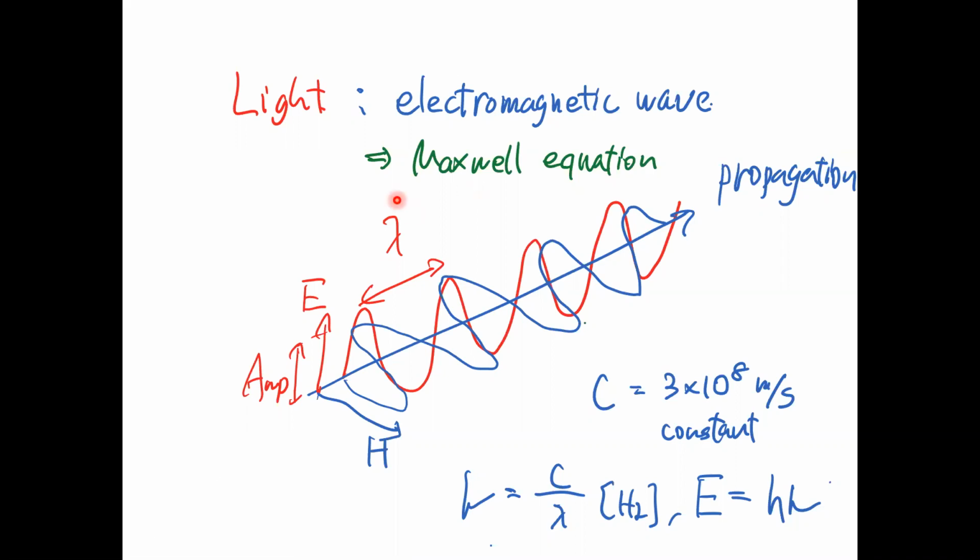So again, light has an oscillating electric field and an oscillating magnetic field, meaning light is made of electric and magnetic fields. That's why it is called electromagnetic wave. This is described by the Maxwell equations, which basically give the magnetic field and electric field by using several basic equations.